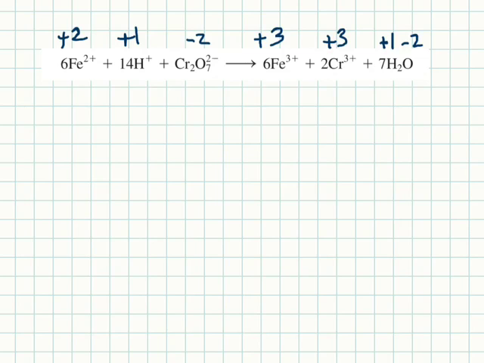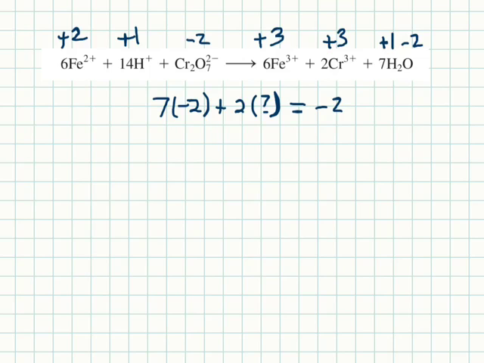The whole thing here, Cr2O7, has a charge of 2-. There's 7 oxygens, so 7 times -2, the oxygen's oxidation state, plus 2 chromiums, 2 times something, whatever chromium's oxidation state is, has to be -2, the charge on the ion.